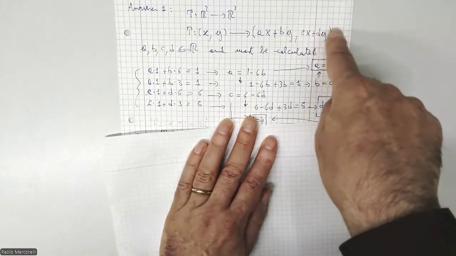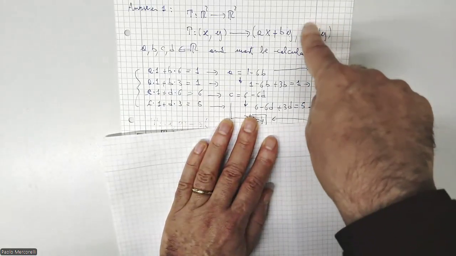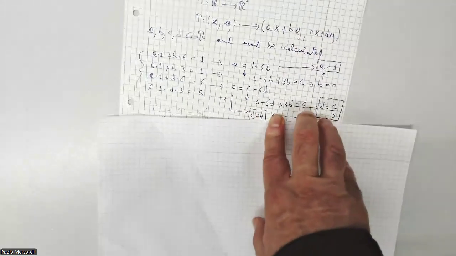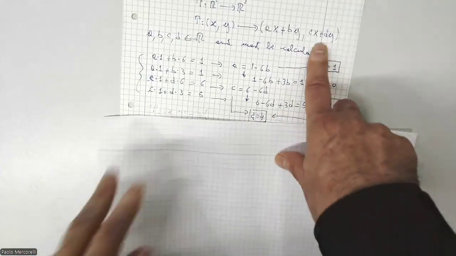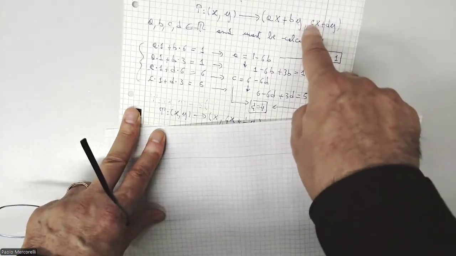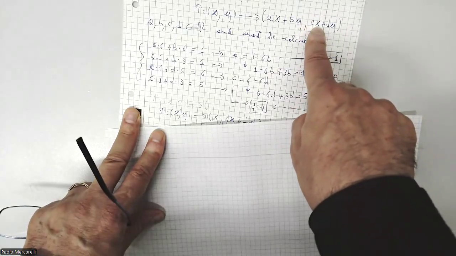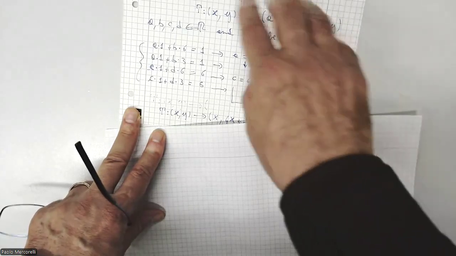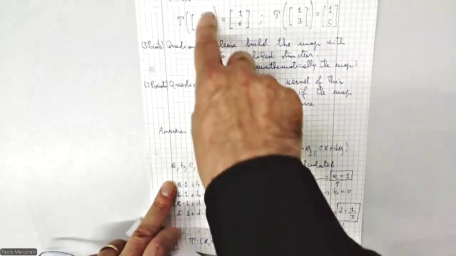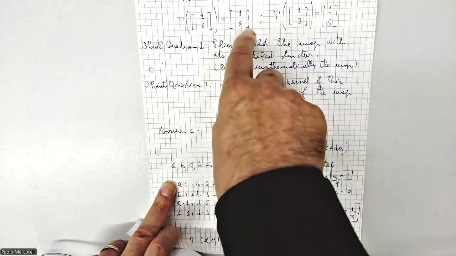Because now I have to consider this. The Y element, the general second element of the image, is this. This means C multiply 1 plus D multiply 6, because I am considering this element here, which is now equal to 6.